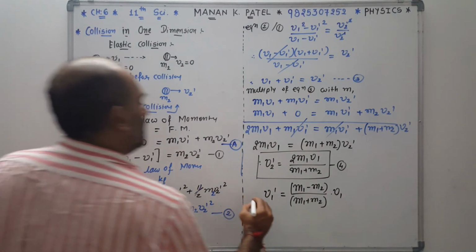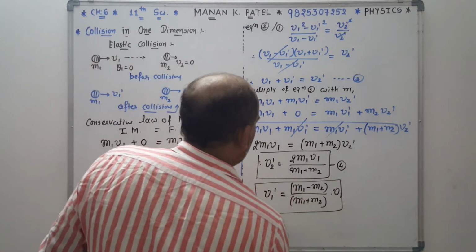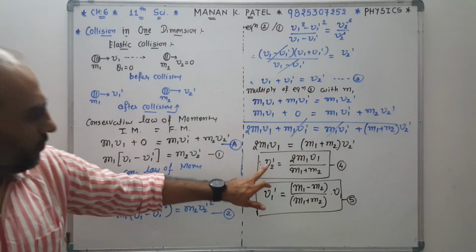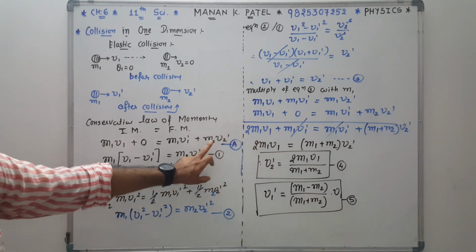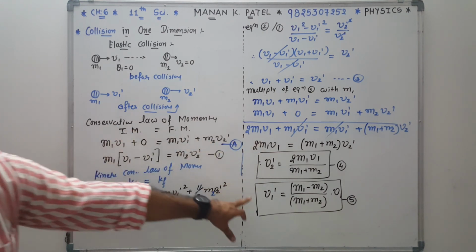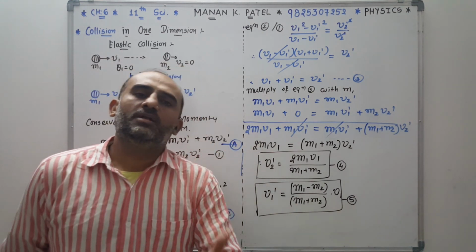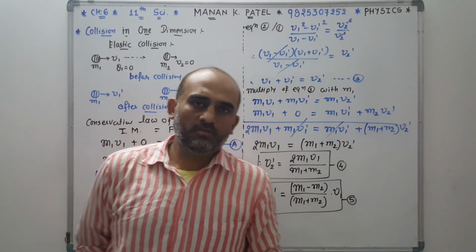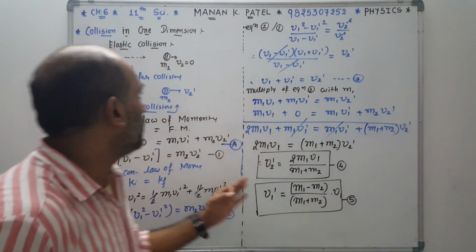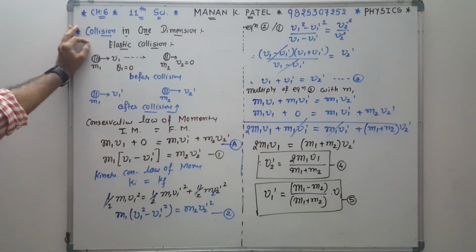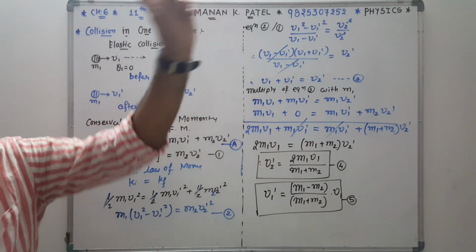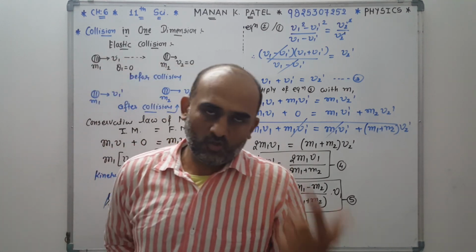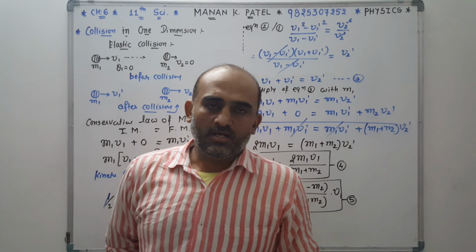So this is the other form for the velocity after the collision. You should put this value of v2 dash over here and calculate, but if you do not calculate, you should write it directly. So please students, be careful, this is a very important theorem: collision in one dimension in elastic condition.